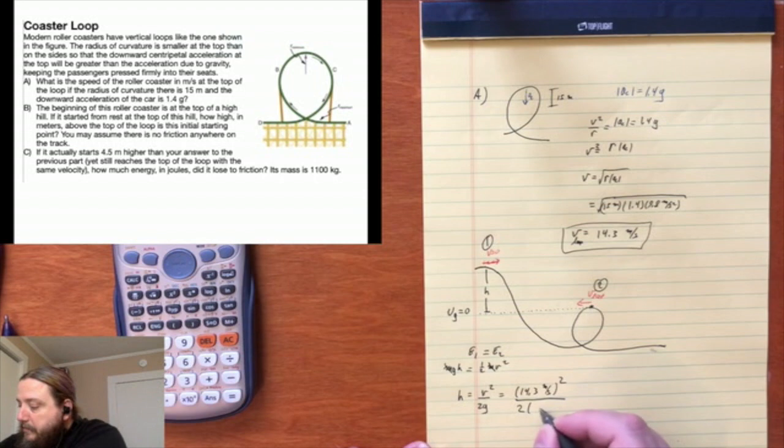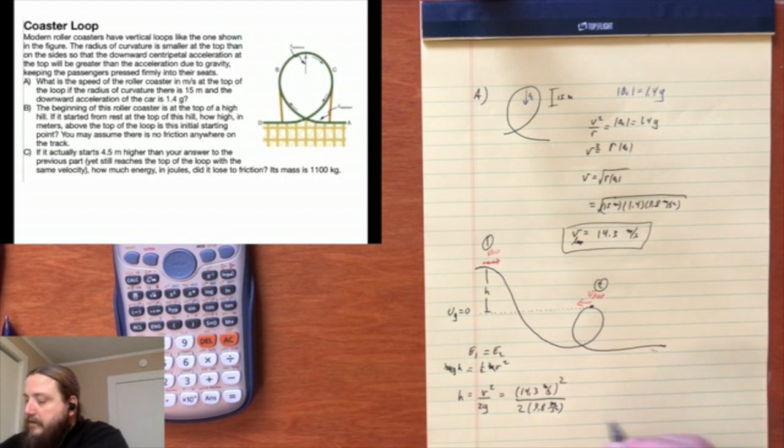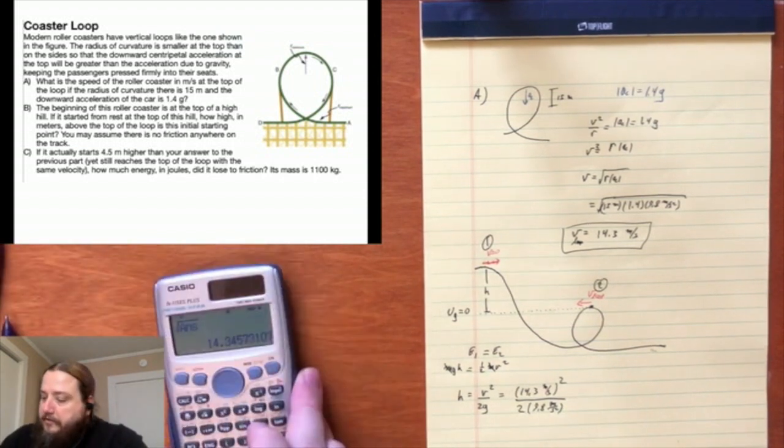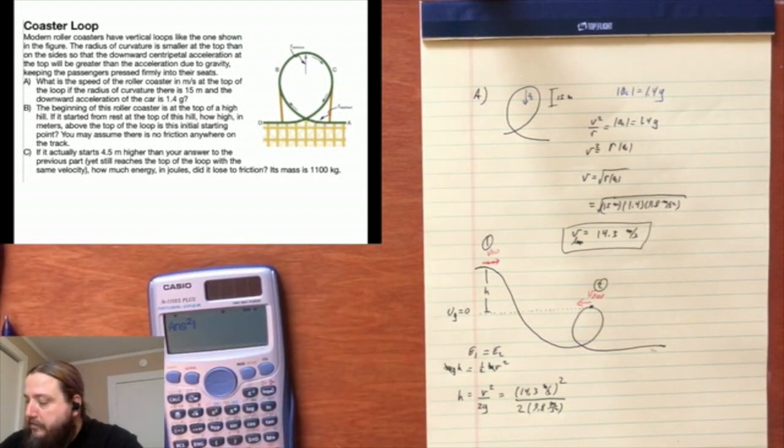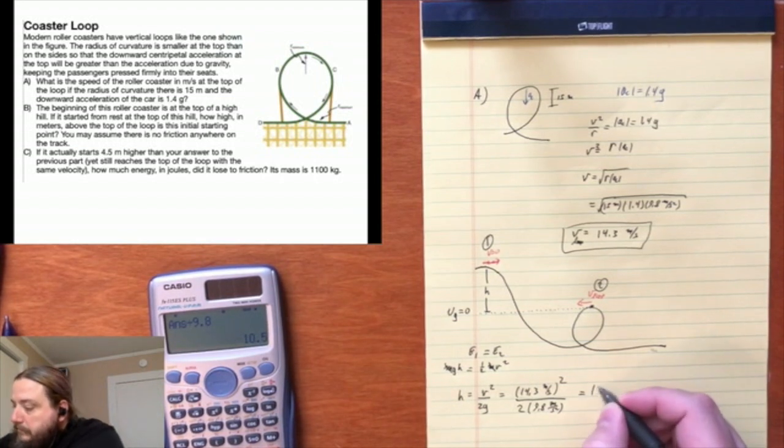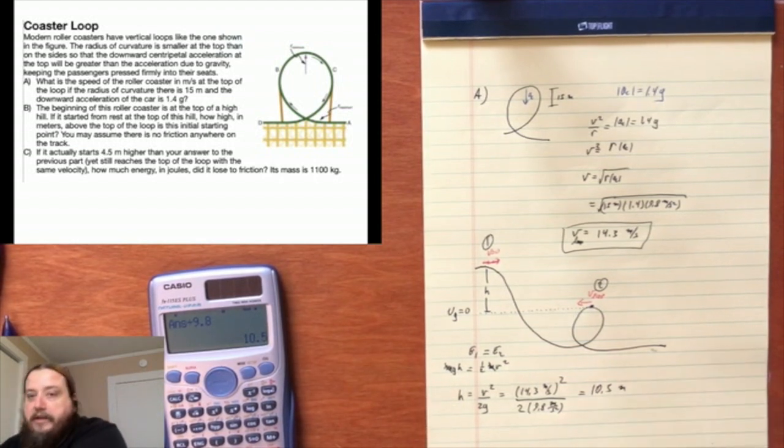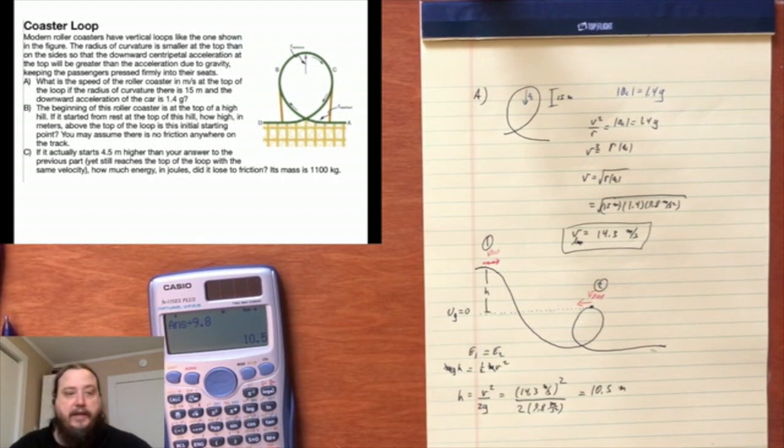And on the bottom, twice the gravitational acceleration constant, 9.8 meters per second squared. So 14.3 squared divided by 2 divided by 9.8 gives us a height of 10.5 meters.